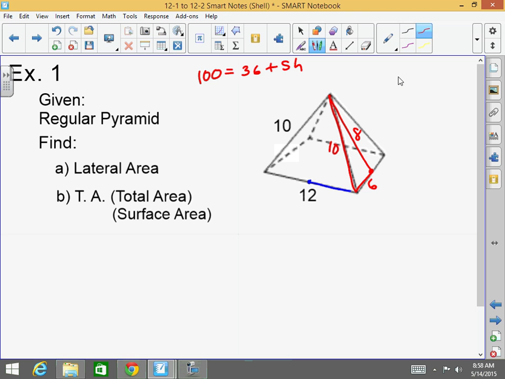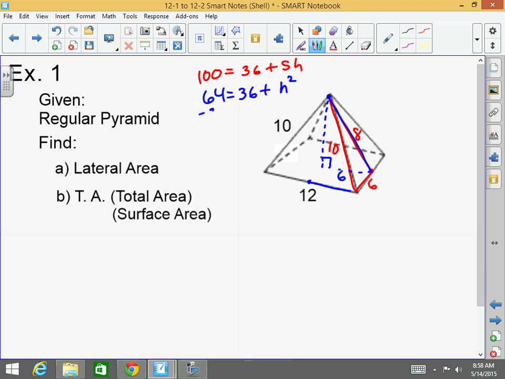I still need to find my altitude, though. So now this is 6, and this is 8, my slant height. What's my regular height? It's not a 3, 4, 5 triangle here. It's 64 equals 36 plus my height, or altitude, squared.